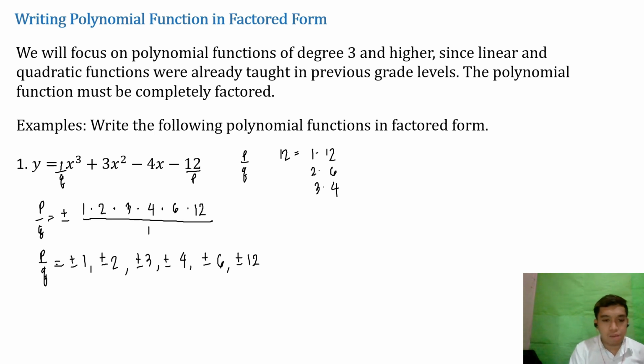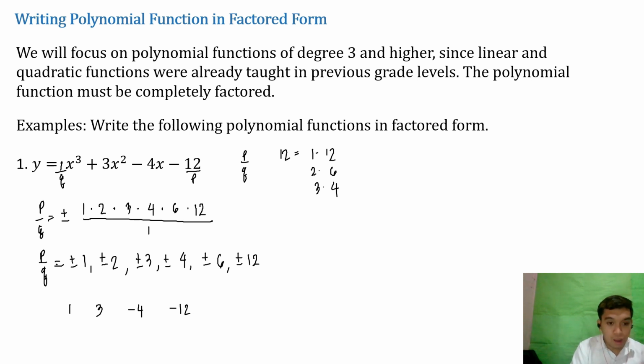So pwede na natin gamitin to, yung mga possible roots natin sa ating synthetic division. So gamitin na natin ang ating synthetic division dito. So 1, we have 1, 3, negative 4 as our dividend. 1, 3, negative 4, and negative 12.